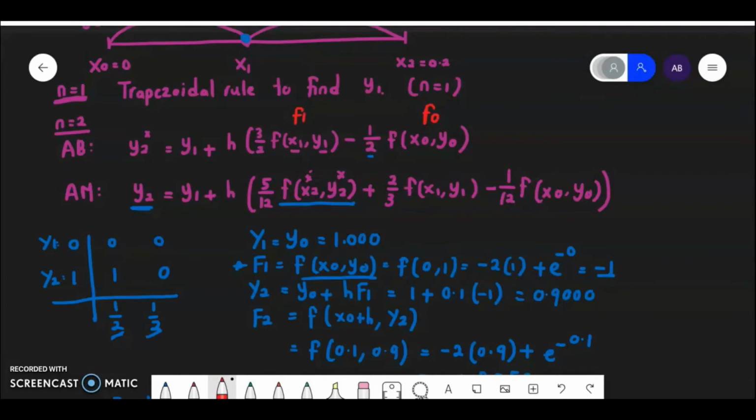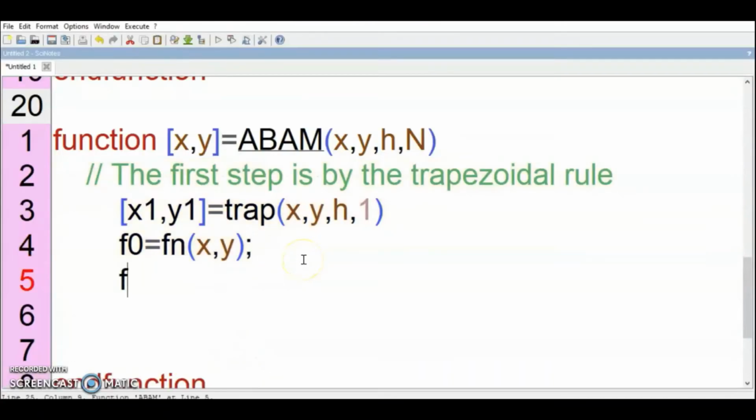This is f2, this is f1, this is f naught. So it is easier for you to program in Scilab. My f naught is f of x naught y naught, f1 is f of x1 y1. So f1 equals fn of x1 y1. This is my function evaluation for my f1.